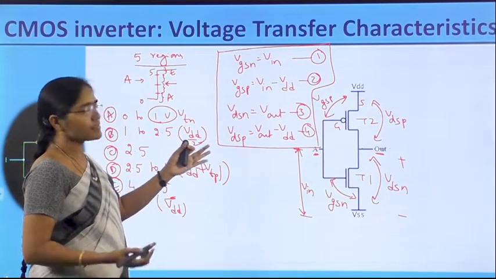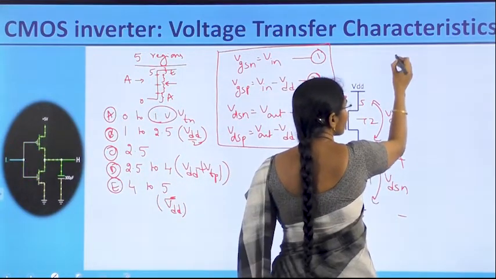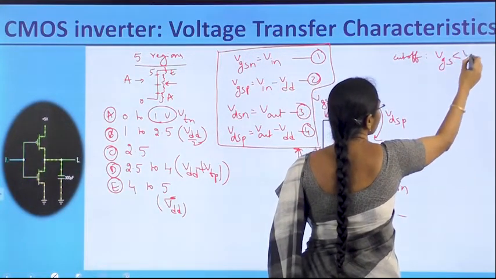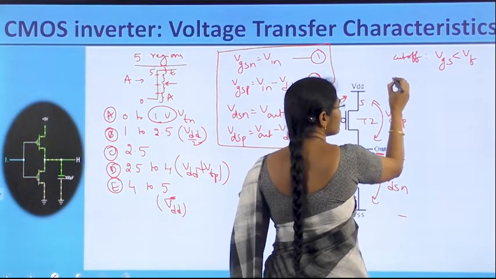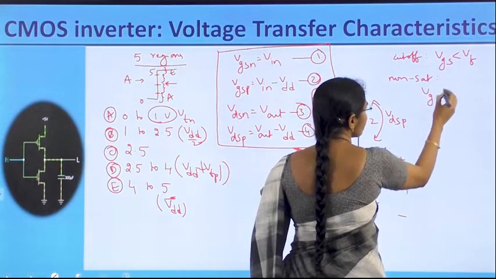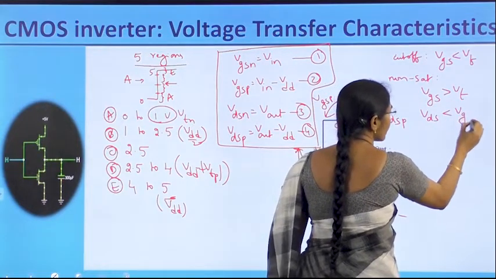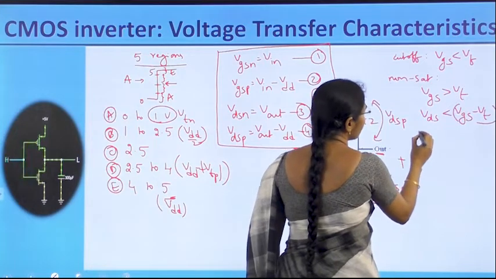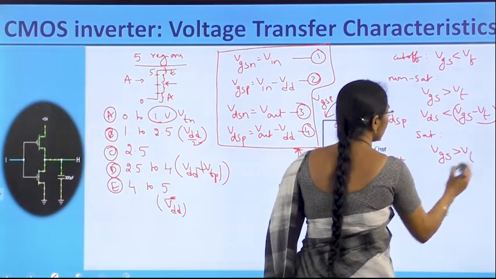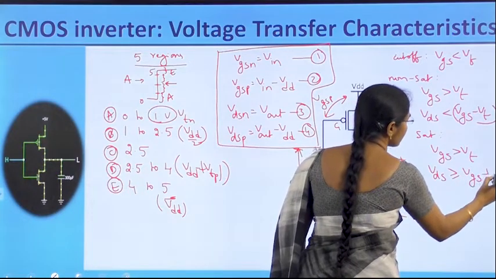And for cutoff, saturation and non-saturation, what are the voltage conditions? For cutoff, VGS is less than VT. For non-saturation, VGS should be greater than VT and VDS should be less than VGS minus VT. Then for the saturation region, the voltage conditions are VGS greater than VT and VDS greater than or equal to VGS minus VT.